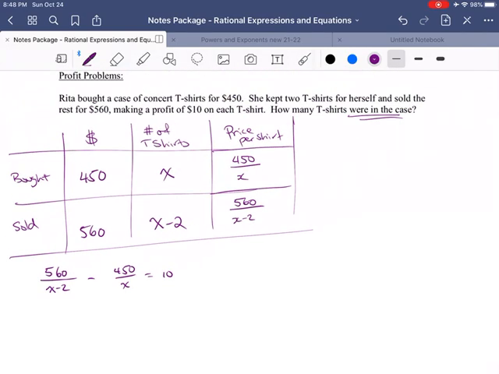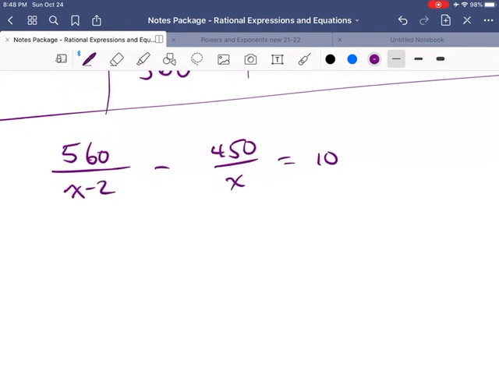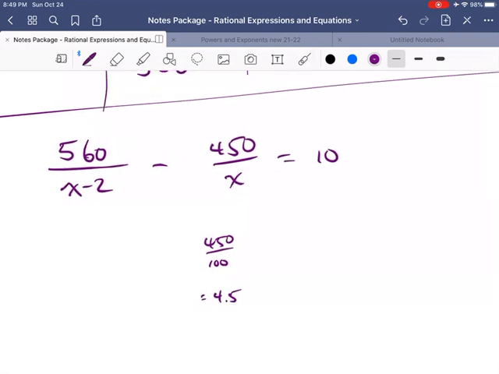If there were 100 shirts, you would do 450 divided by 100, so it costs her $4.50 per t-shirt. Then 560 divided by 98, because she's only selling 98, gives roughly $6. Well, that's not enough of a gap, so we have to figure out what else is going on here.